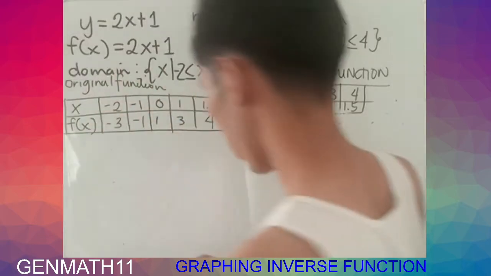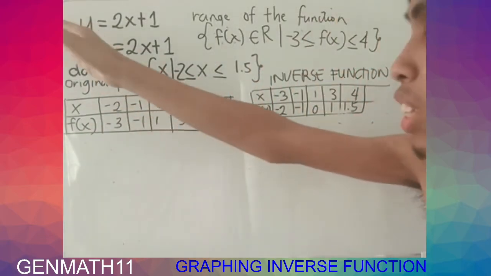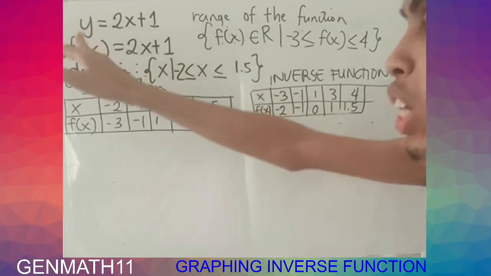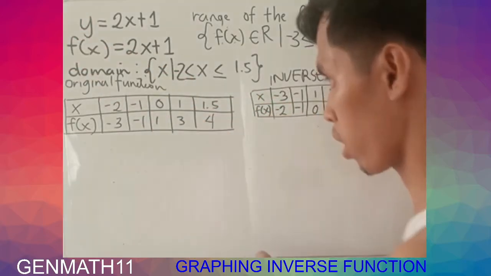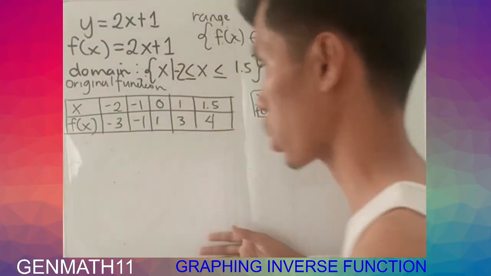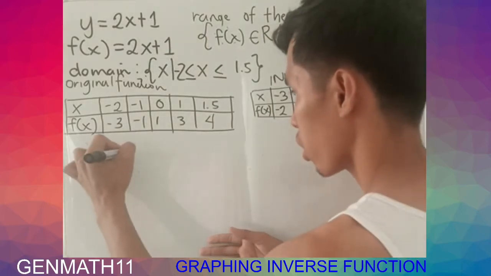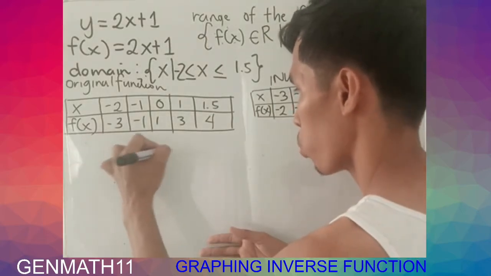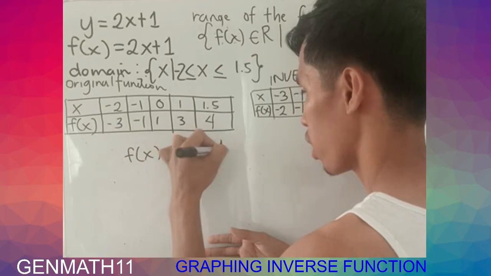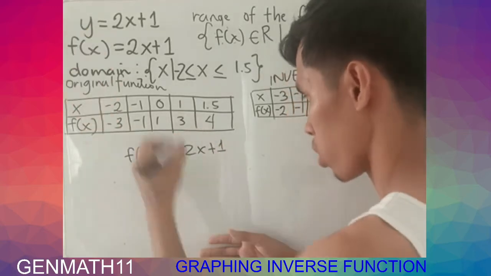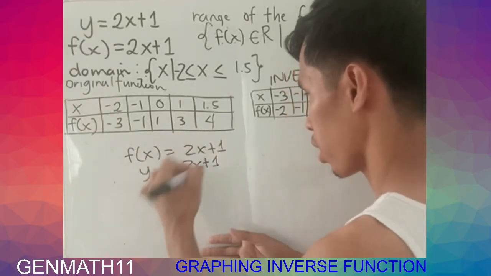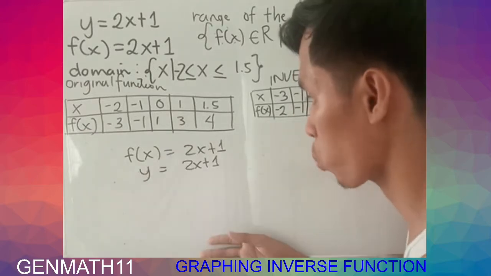Okay, next. So, we will find the inverse function of y equals 2x plus 1. So, based on what we discussed about dun sa pagkuha ng inverse function, gawin natin siya. So, f of x equals to 2x plus 1. Then, pwede natin siyang transfer as y, sabi ko sa inyo. Okay, next. Interchange y and x.